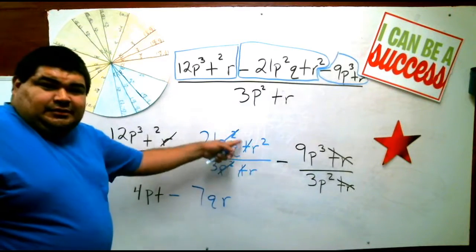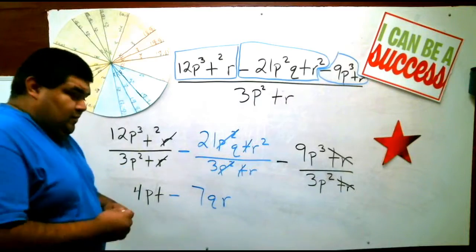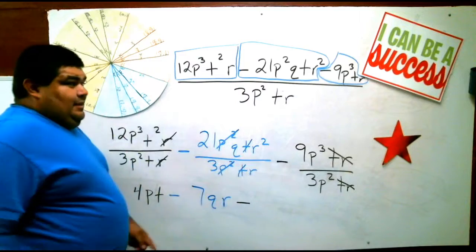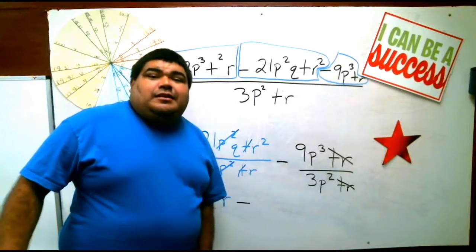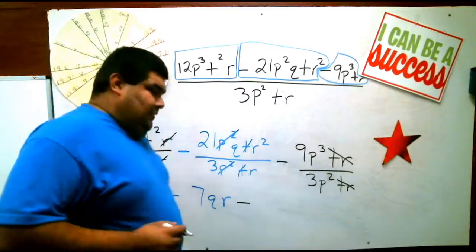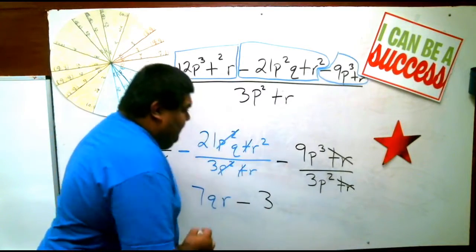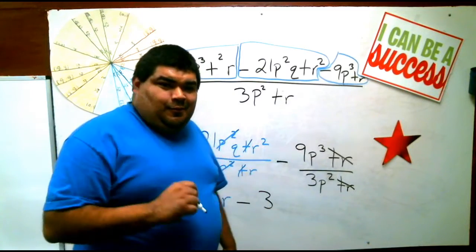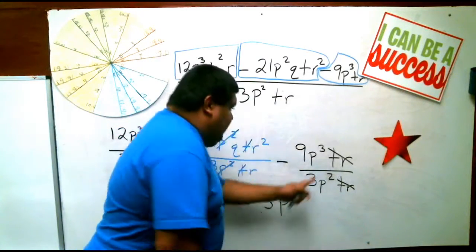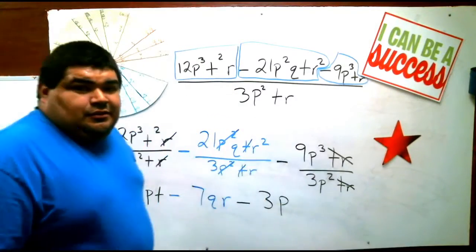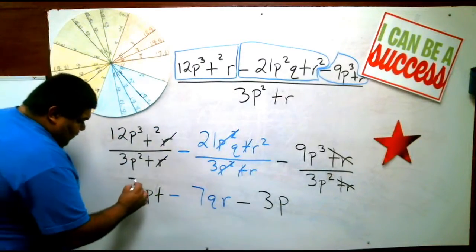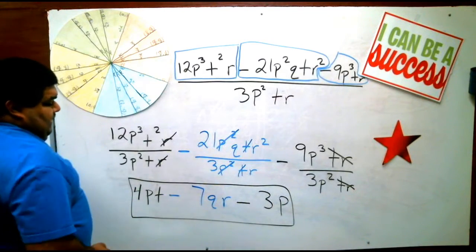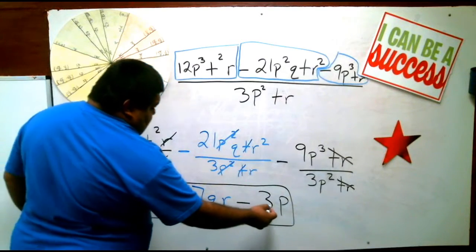So all of these became 7qr. Minus the final one. Again, can 3 go into 9? Yes, it can. 3 times. So 3. p cubed minus 2 is 1. And everything else was canceled out. So our final answer is 4pt minus 7qr minus 3p.